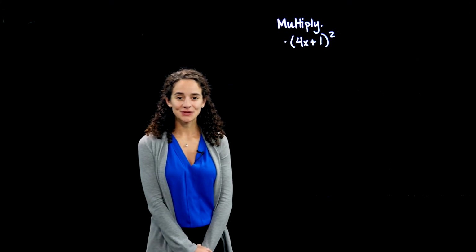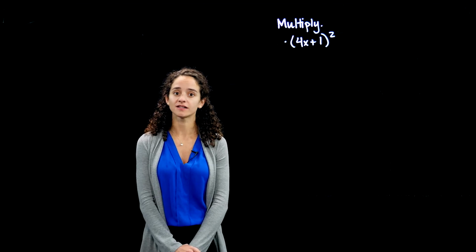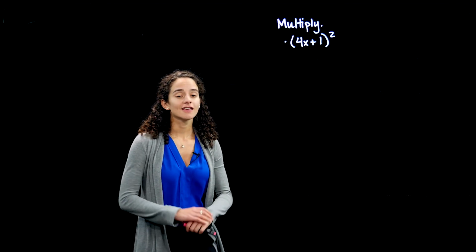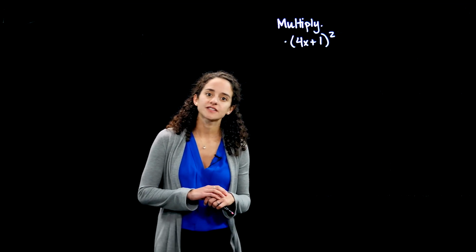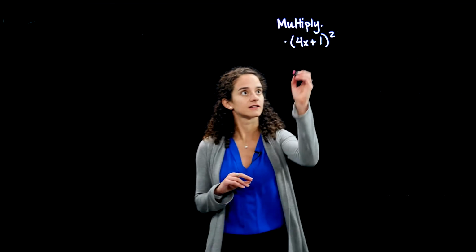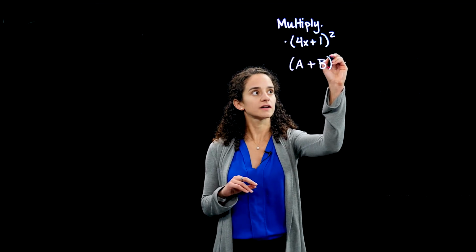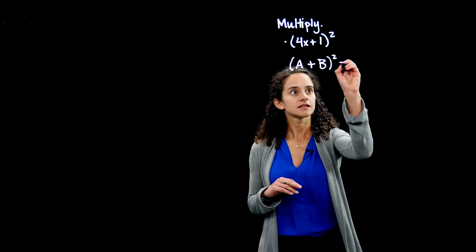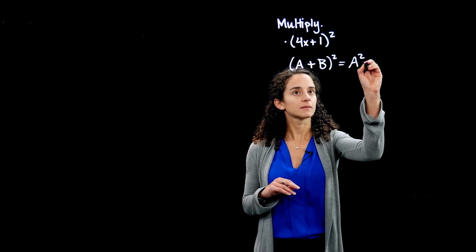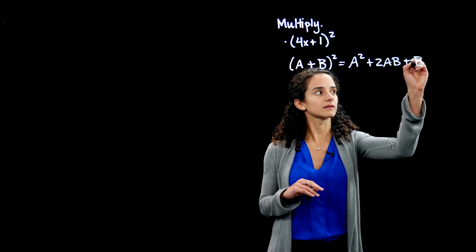In this example, we are asked to multiply the quantity 4x plus 1 squared. This is an example of a square of a sum. It is a special product of binomials and follows the pattern a plus b quantity squared is equal to a squared plus 2ab plus b squared.